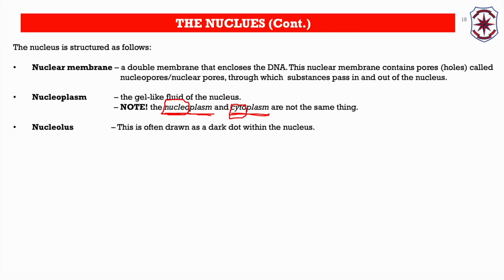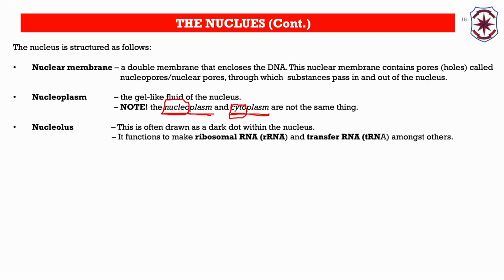Right, now inside the nucleus, we have the nucleolus. This is often drawn as a dark dot within the cell's nucleus. So when you look into the inside of the nucleus, you will see a pigmented dark part that is usually drawn by artists who draw for publications like textbooks, question papers, and the likes. So that is the nucleolus, okay?